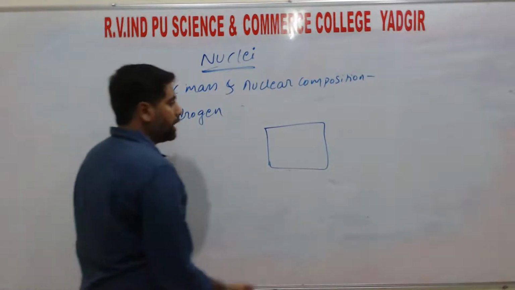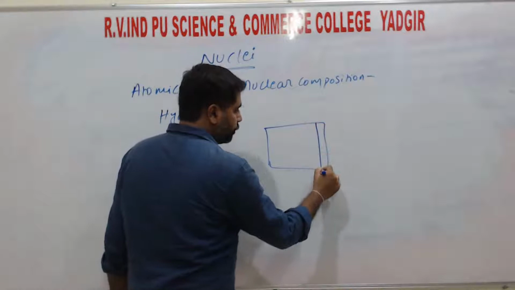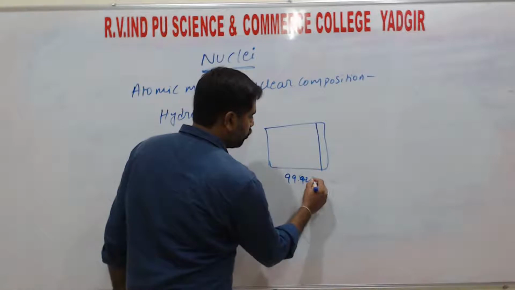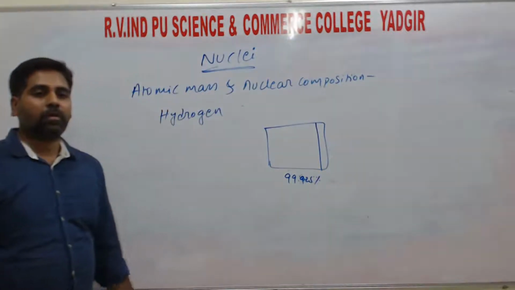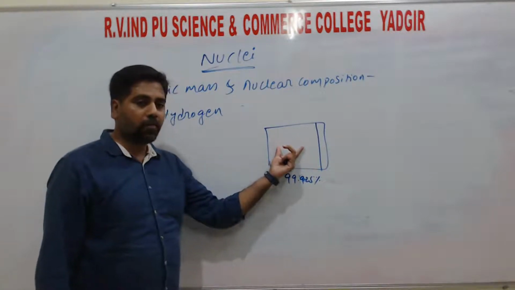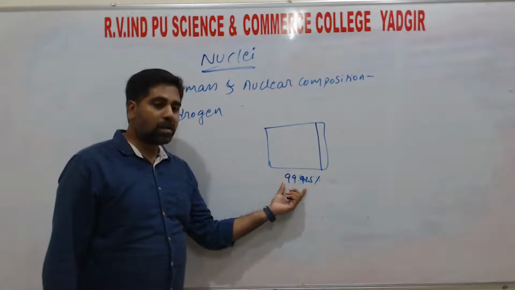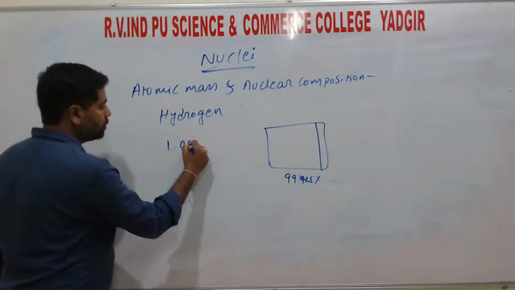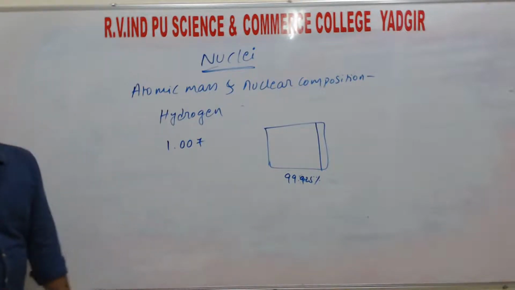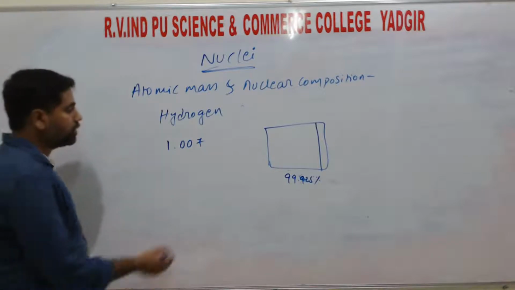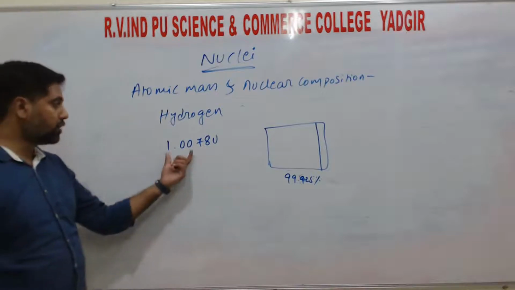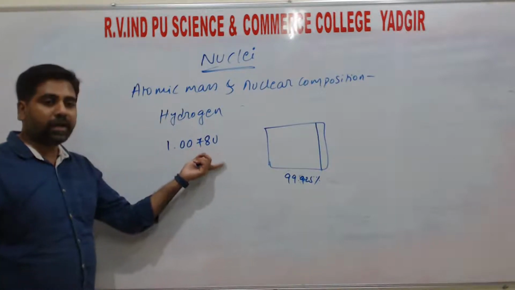So here it consists of 99.8925 percent of atoms having one type of mass, which is 1.0078 U, right?